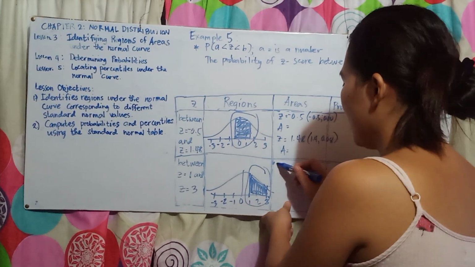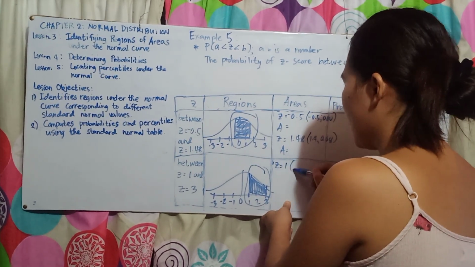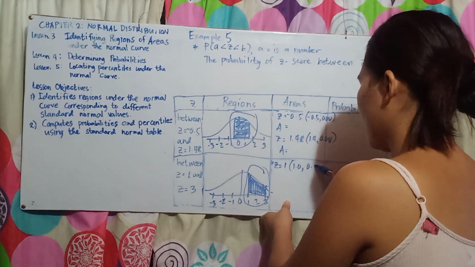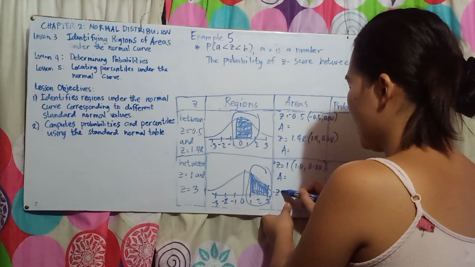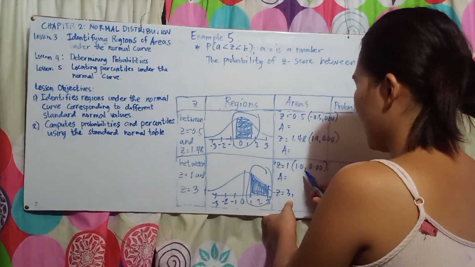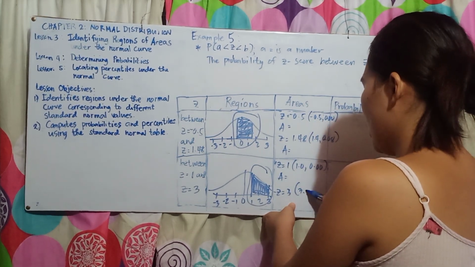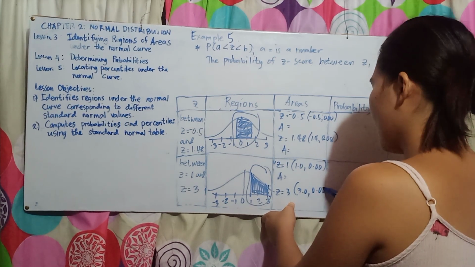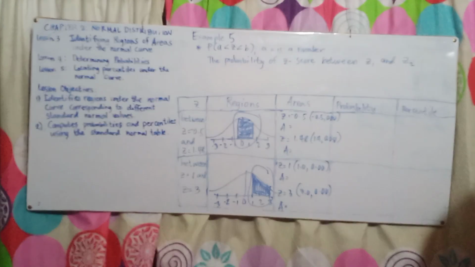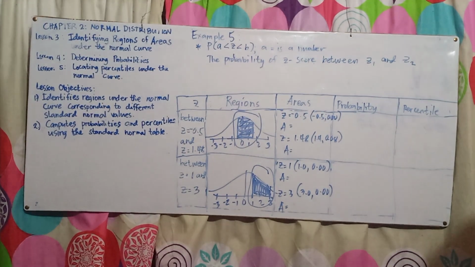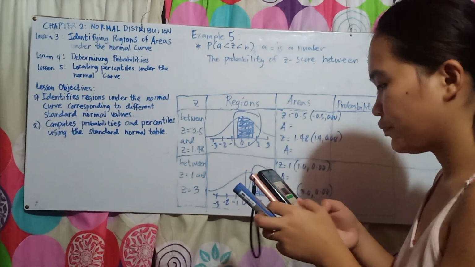So, kani z equals 1, makita sa 1.0, 0.00. Ang isa, z equals 3, makita sa 3.0 and 0.00. So, ito na to sa table.